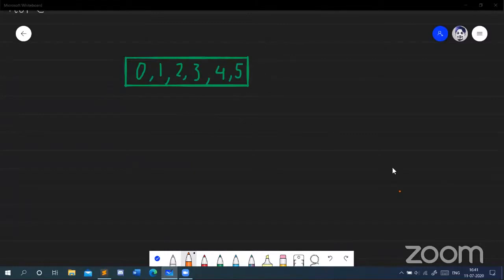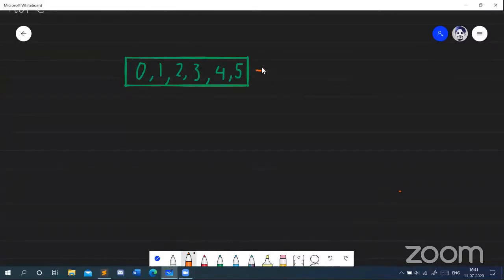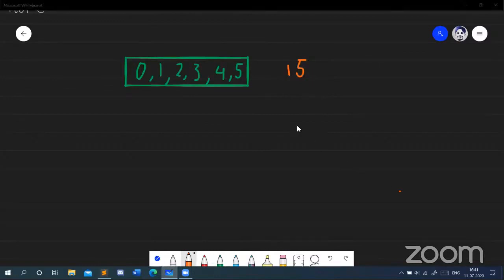Yes, the sum of digits is a multiple of 3. So let me add these digits, right? I have 0 plus 1 plus 2 plus 3 plus 4 plus 5. That is just 15, right? The sum of these digits will be 15, and 15 is divisible by 3. Yes, when we form numbers, 0 should not be at the first place because then it wouldn't be a 5-digit number, right?